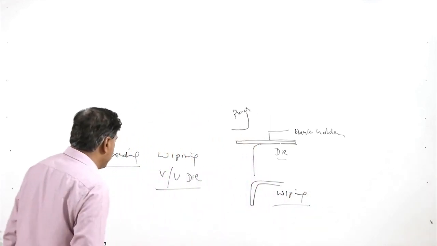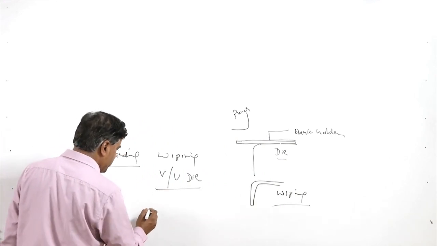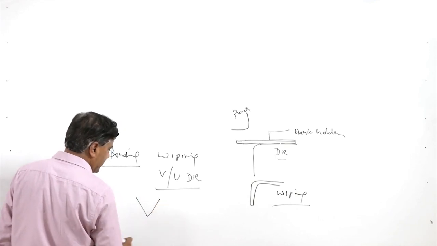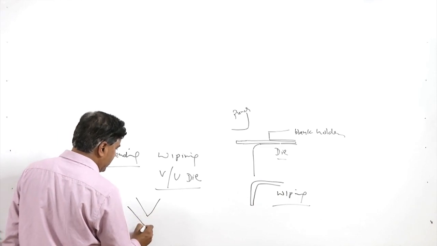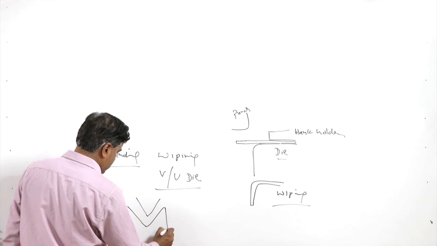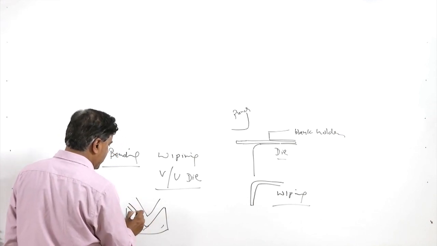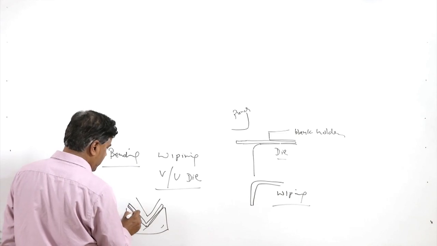For the V and U shape productions, a suitable shape of die and punch is used. Say this is the punch, and the suitable shape of die is here like this, and the strip is deformed by the combination of the die and punch in this manner.